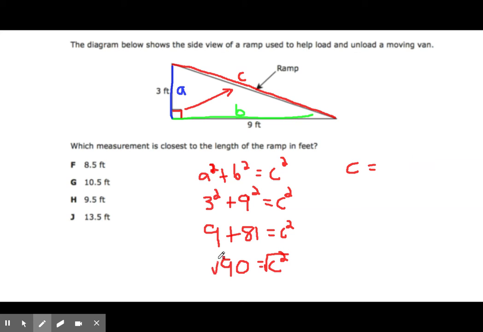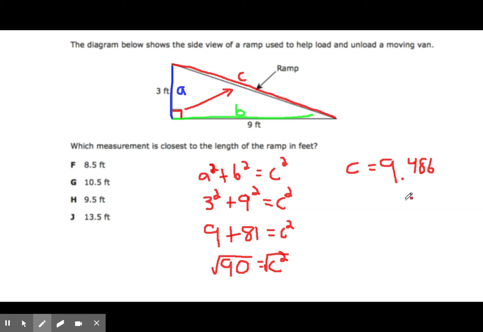The square root is the opposite of squaring a number. So I'm going to take out my calculator because I can't do that in my head. If I take the square root of 90, I get 9.486, and it keeps going. So I'm going to stop right there.